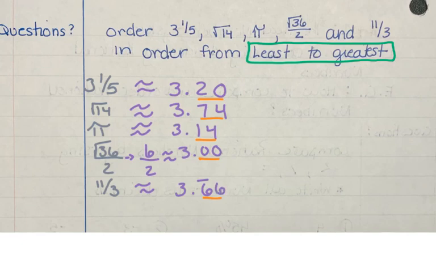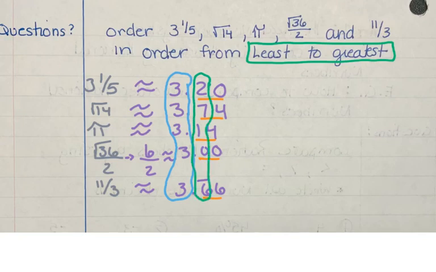So now I can write these from least to greatest. So I got to find my small one. When I look here, all my whole numbers are 3s. So I don't really need to worry too much about that. So I'm going to look at my tenths.